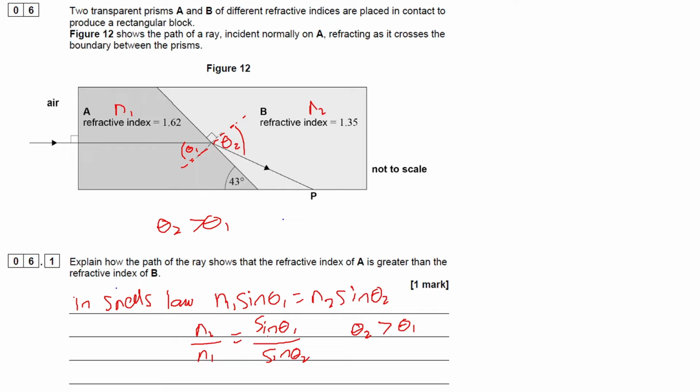Okay, so therefore n1 must be bigger compared to n2. So therefore n1 is greater than n2. And I think if we're going to use these numbers, we should also say in the answer that 1 refers to material A and 2 refers to material B.